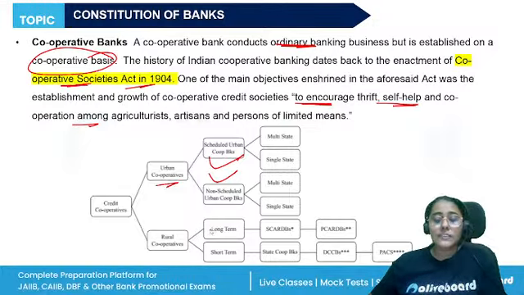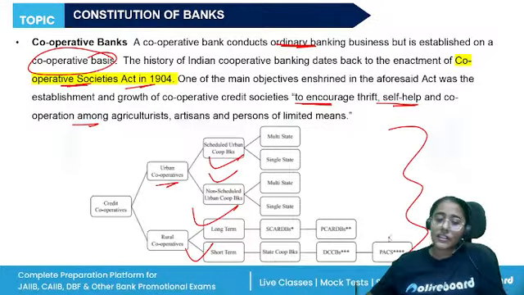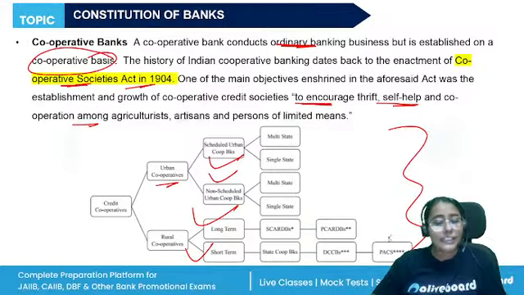Rural cooperatives are divided into the long term and short term, right? And the whole classification again we'll be studying in detail in our Unit 5. All right. There are also differentiated banks under which we have the payment banks, the local area banks that also operate in India, right? So these are the different categories of banks.